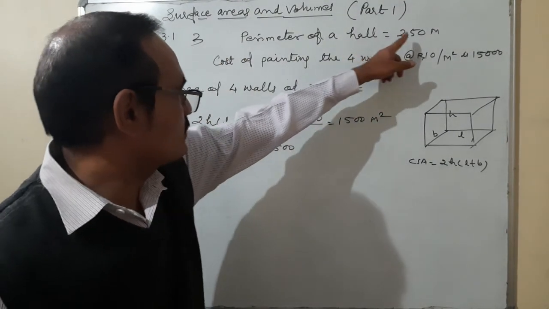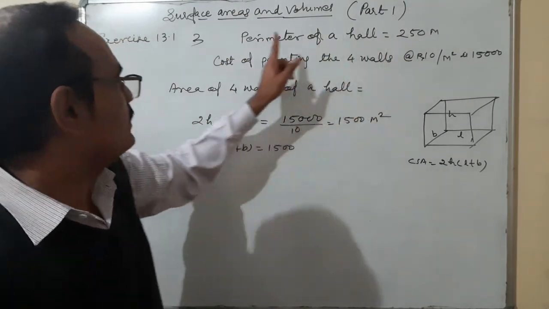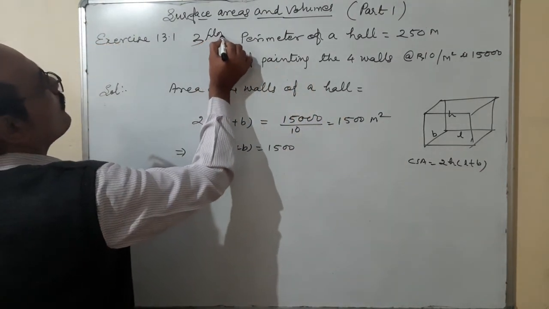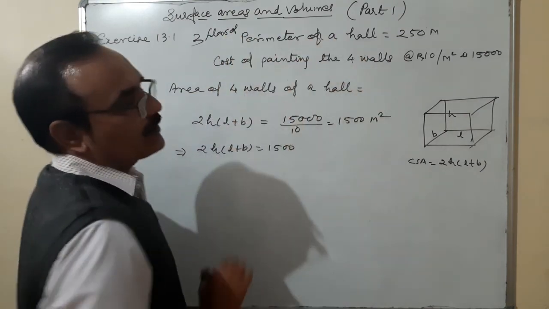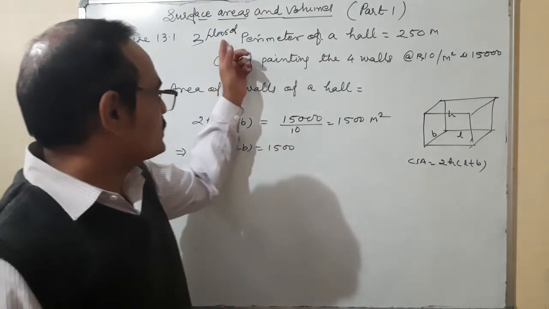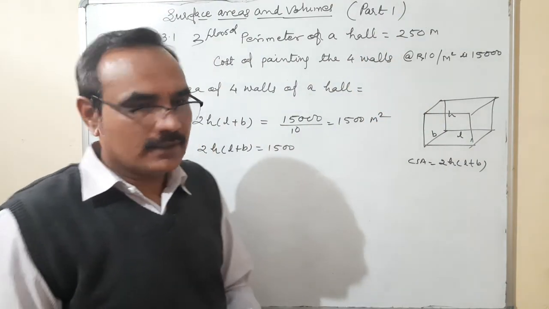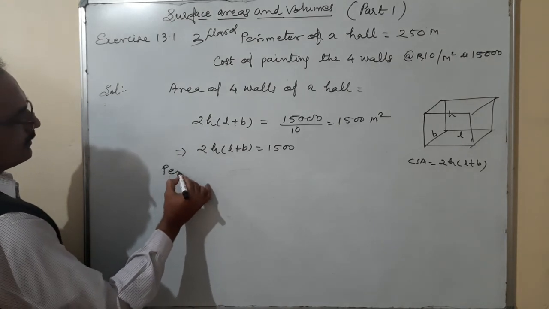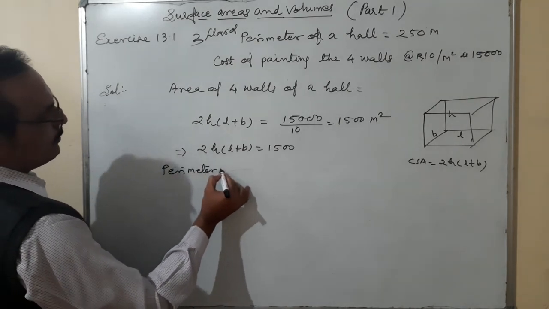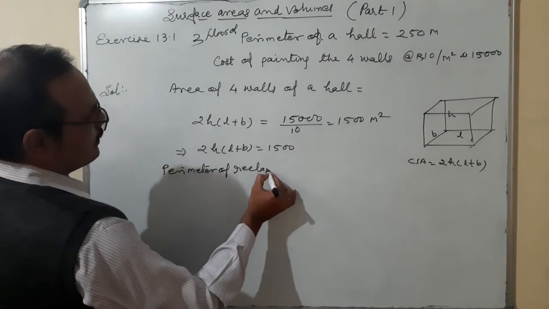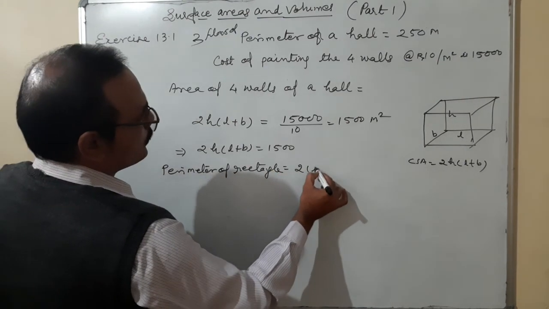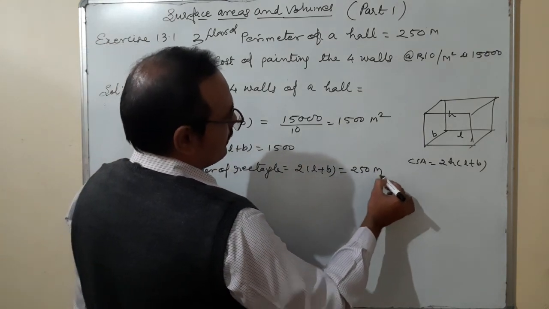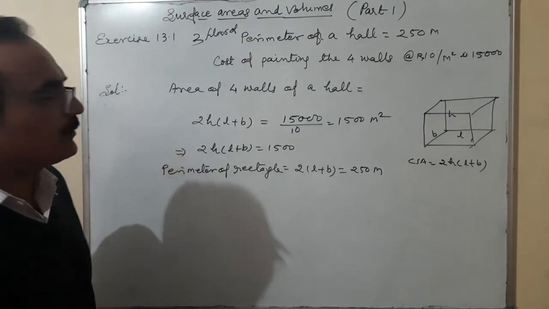So the floor is in the shape of a rectangle, and the perimeter of a rectangle is equal to 2 into (L + B), which is given as 250 meter.